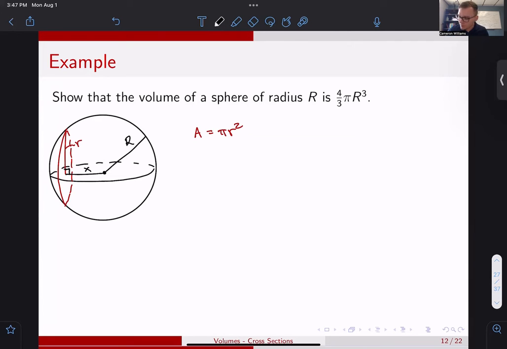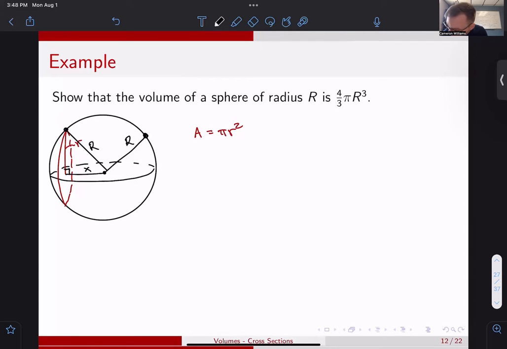So this point here is a distance r from the center, but so is this point here. And we actually had a right triangle hiding, and we knew its hypotenuse. The hypotenuse is the radius of the sphere.